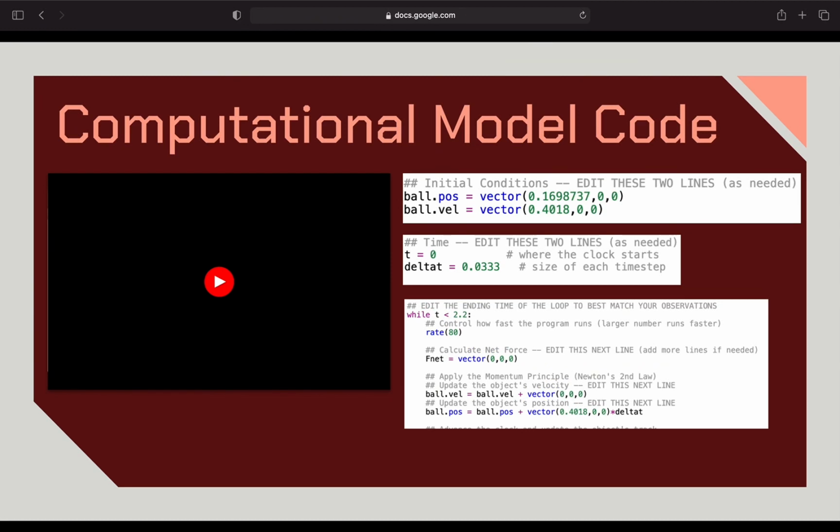The initial time is 0, and delta t is 0.0333 because that corresponds to the frame rate of the Tracker video. I also set the net force to 0 because at a constant velocity there is no net force. There's no mass here because the mass will not affect the position as F net is equal to 0. What the position update code is going to do is accurately predict the movement of the expo marker. However, it is a little limited because we are only taking into account the x-axis and not y.